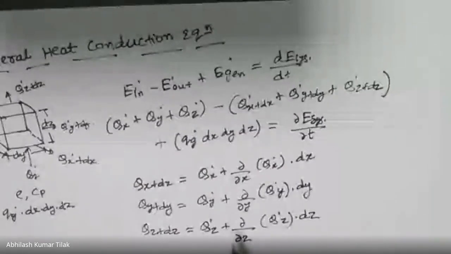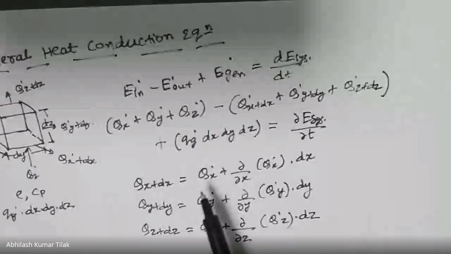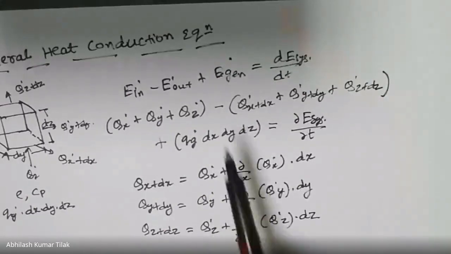Now, if I put these values into this equation here, qx, qy, and qz will be cancelled out.